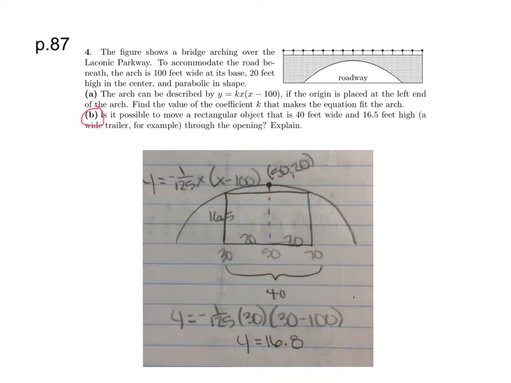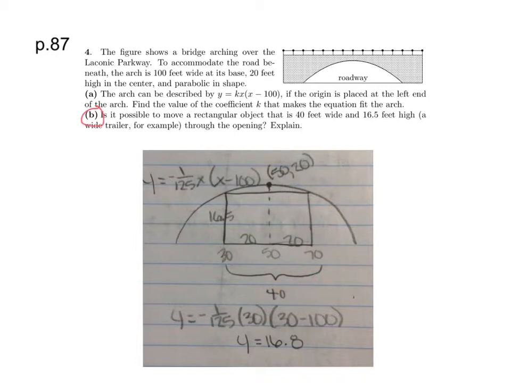We plugged that in for k because we discovered k in the other question. So we used the coordinates 50, 20, and plugged 50 in for x and 20 in for y. Never mind, that was for a different one. But we found out that the dimension of it was 40.